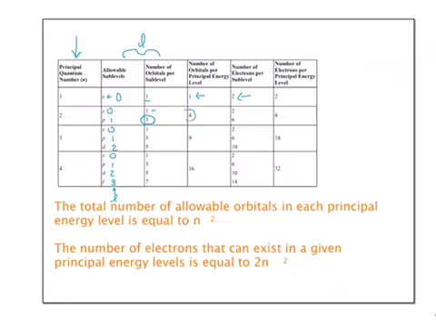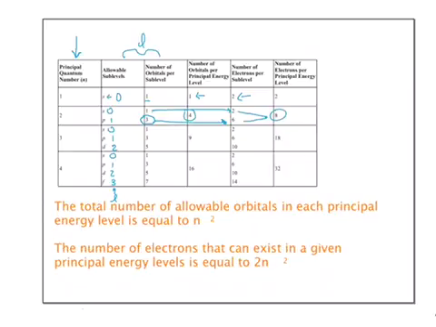So we have a total of 4 orbitals, and each orbital can hold 2. So this first orbital holds 2 electrons, and these 3 each hold 2, so 3 times 2 gives us 6. And then when we add these together, that second energy level can hold a total of 8 electrons.